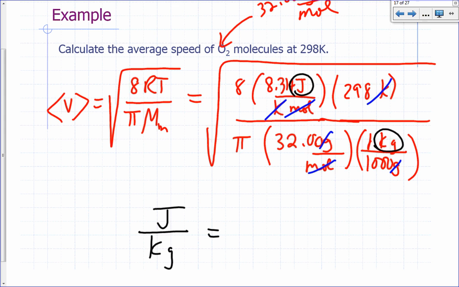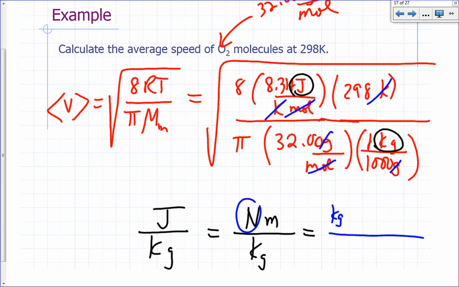A joule is a Newton meter, right? Force times distance is joules, over a kilogram. A Newton is a unit of force. So force is mass times acceleration. So that would be a kilogram. Acceleration is meters per second squared. That's a Newton, okay?